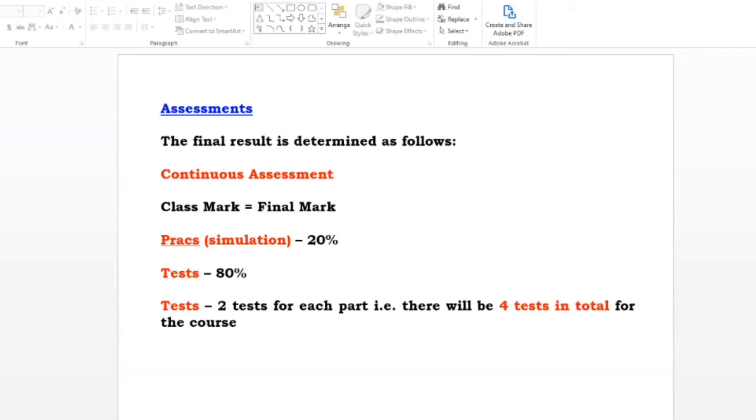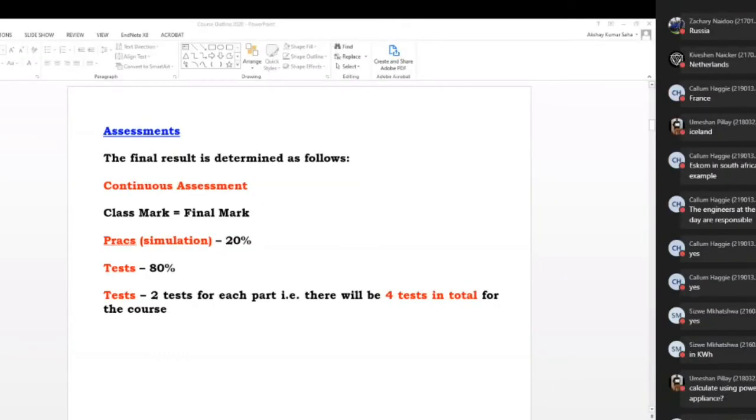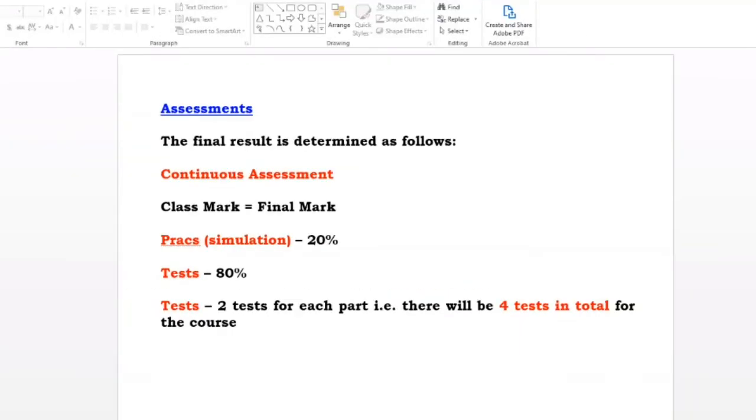It might be 1 light bulb or 2 light bulbs or 3 light bulbs, a kettle or a microwave, a refrigerator or a washing machine, a television or a computer. 30 kilowatt hour a day or a month. Is that 30 per day? Okay, that's a big house, I guess. So your 30 kilowatt hour per day means 900 kilowatt hour per month.